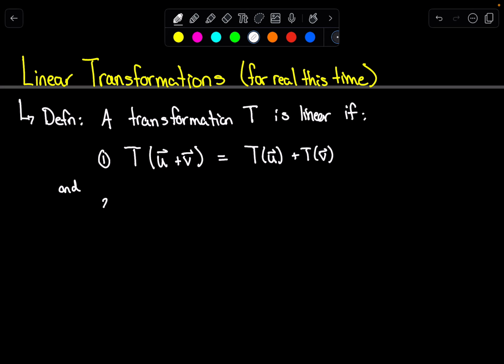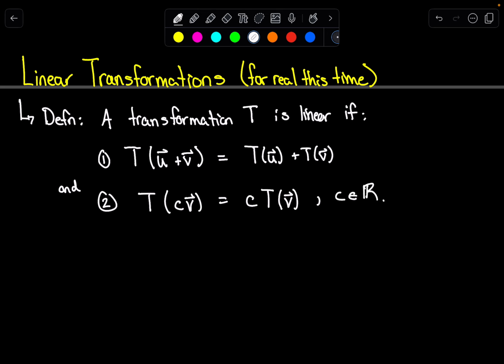And two, if I were to take a scalar multiple of a vector, so let's say c times v, then I could pull the scalar multiple out and it would just be c times T of v, where c can be any real number.